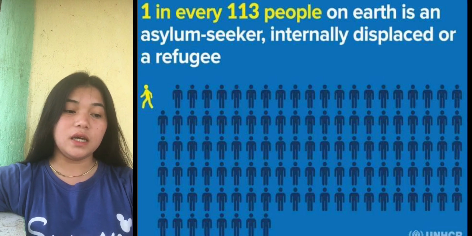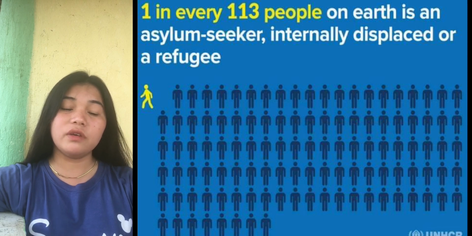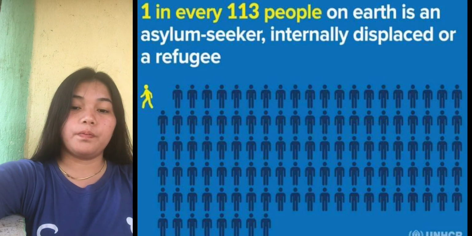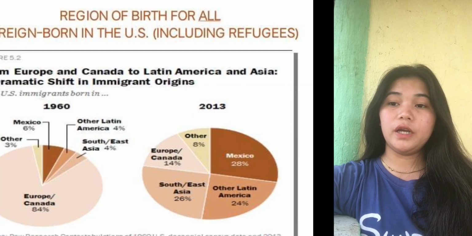As we discussed again, a refugee is a person who leaves their country because of war or fear of being killed or hurt because of their nationality, race, religion, political opinion, or membership in a group. Region of birth for all foreign born in the United States, including refugees, from Europe and Canada to Latin America and Asia.